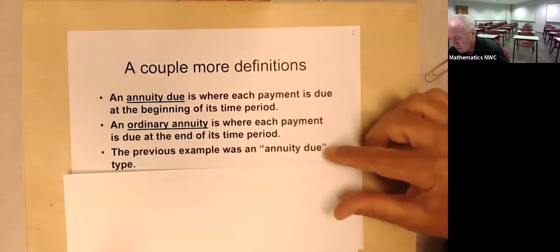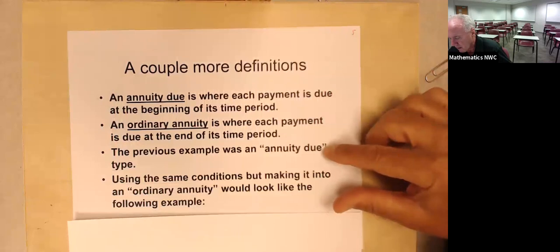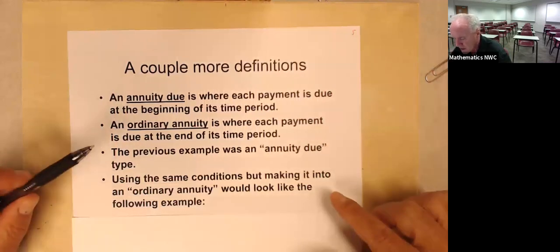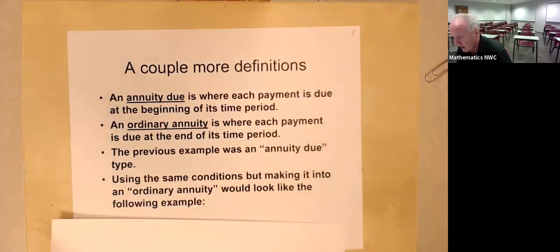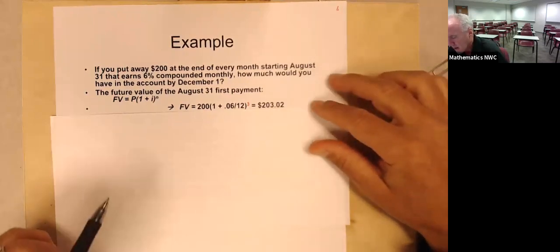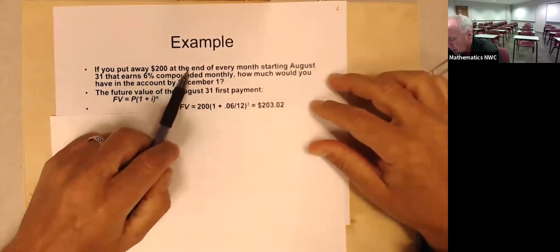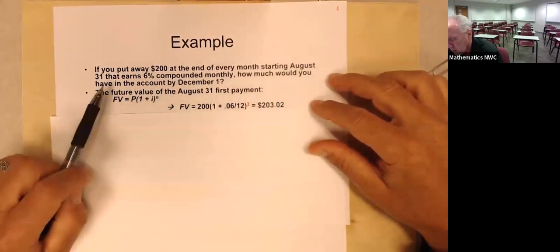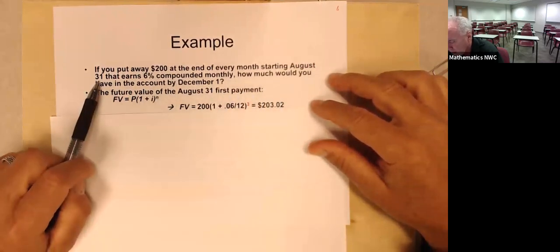As I mentioned, the previous one was an annuity due. If I were to use the same conditions but make it an ordinary annuity, it would look like the following. This ordinary annuity got the payment August 31 rather than August 1 like the first one.